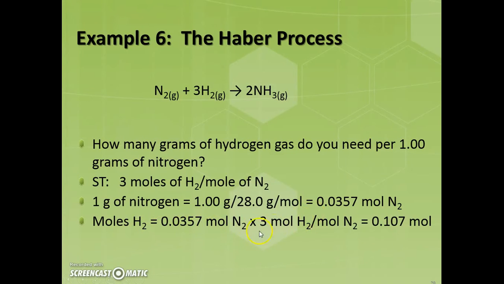So we simply multiply the moles of nitrogen times our stoichiometry term. And notice how useful our units are in this case, because moles of N2 cancels out if we carry it through. So we multiply by 3 moles of hydrogen for every mole of nitrogen, and moles of nitrogen cancels out and we're left with moles of hydrogen.